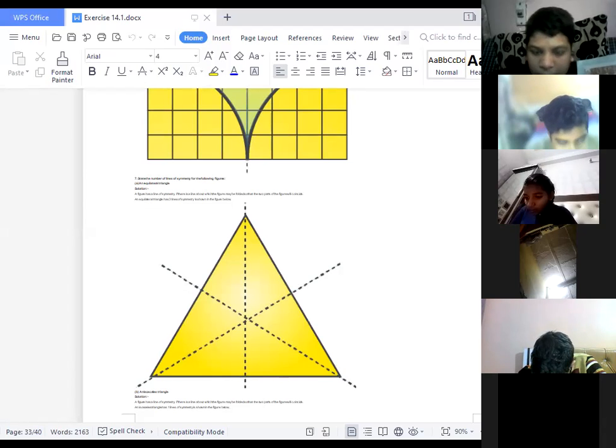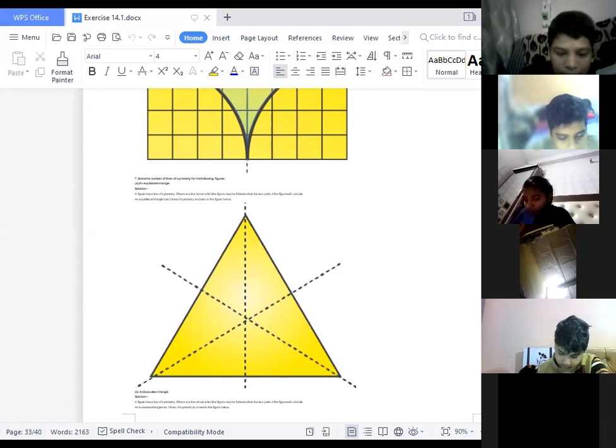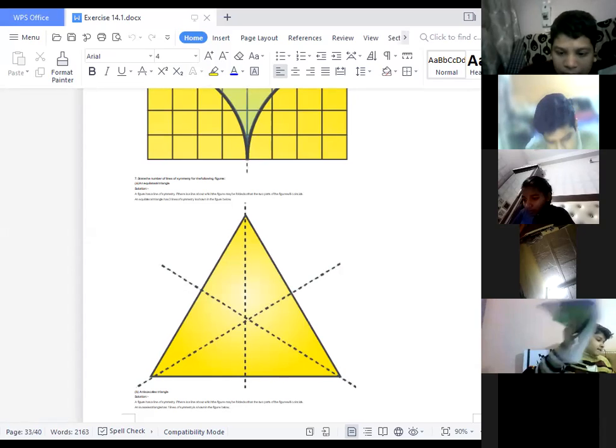All the sides of an equilateral triangle must be equal. If you are taking 4 centimeters, take all the sides as 4 centimeters and draw lines of symmetry in that.